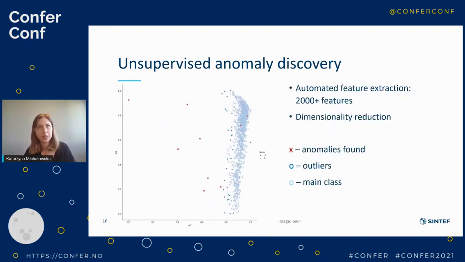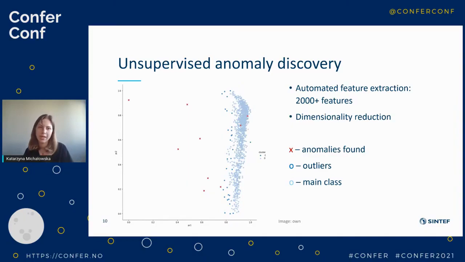The next thing we did was actually to describe these time series that we had in some different manners. So for that, we used an automated feature extraction using some libraries in Python. First of all, we divided the data into smaller periods of 5-minute intervals. And then we used these libraries to automatically extract very many features, over 2,000 features.